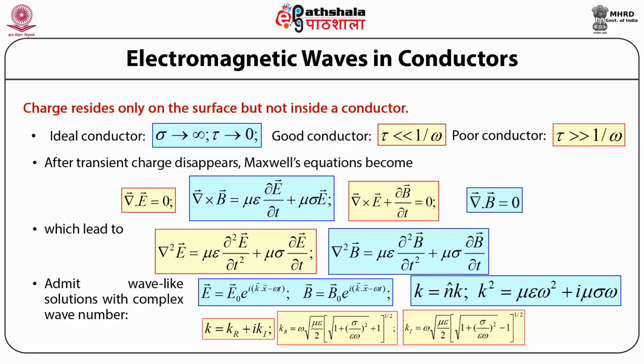Similarly, k_imaginary = ω √(με/2) √(√(1 + (σ/ωε)²) − 1). As we can see, for σ = 0, we recover the result for a dielectric.